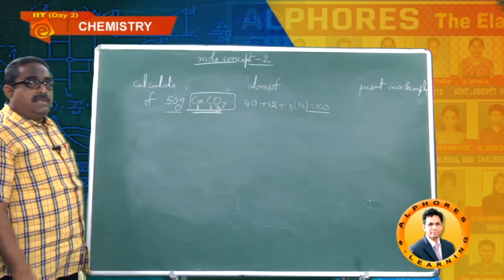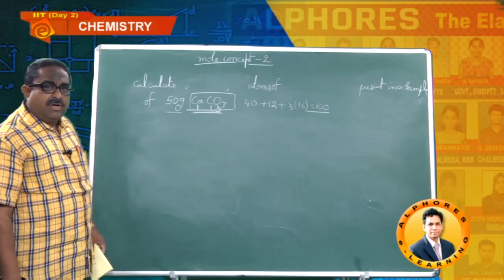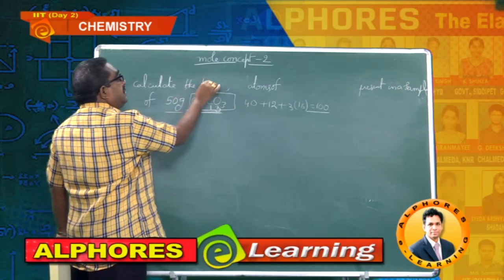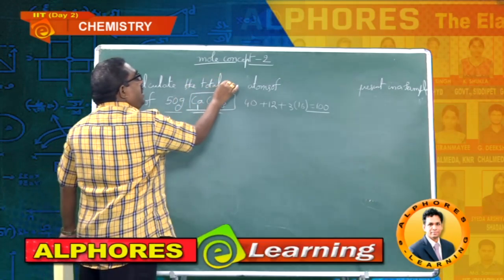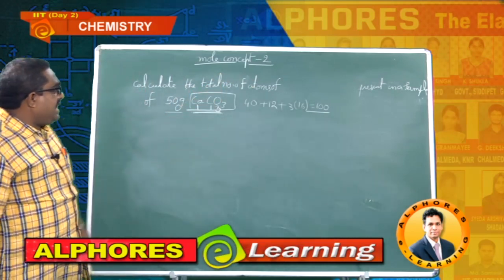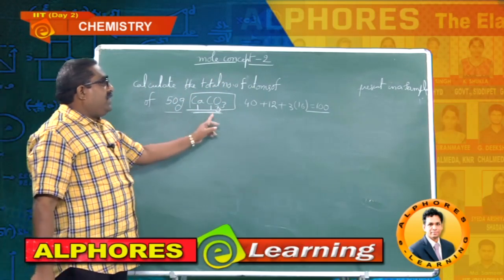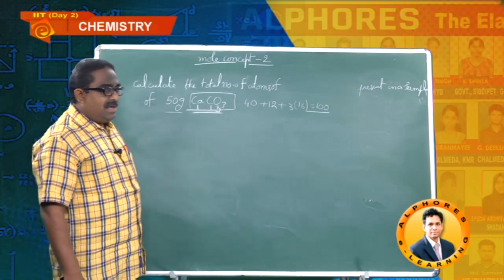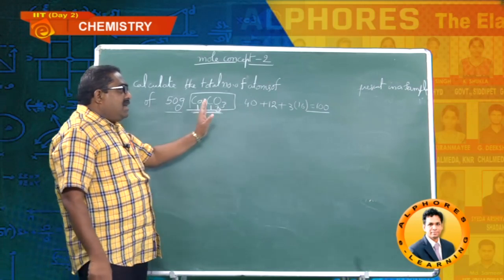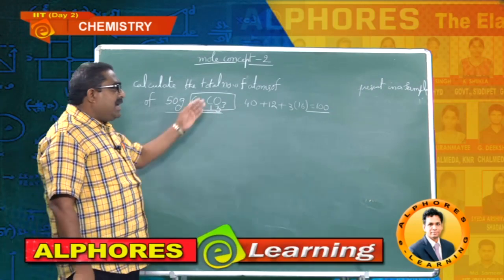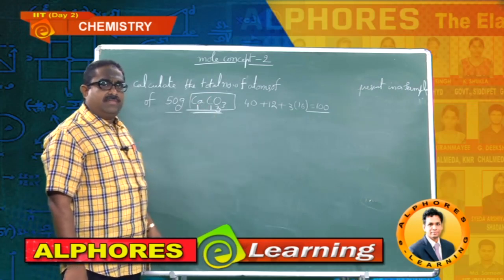See now, students, I am changing the question here. Calculate the total number of atoms present in a sample of 50 grams of limestone, that is calcium carbonate. In this question, there is no need to calculate the individual atoms first of all.